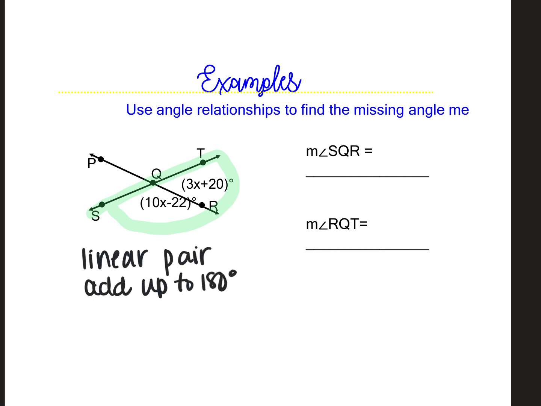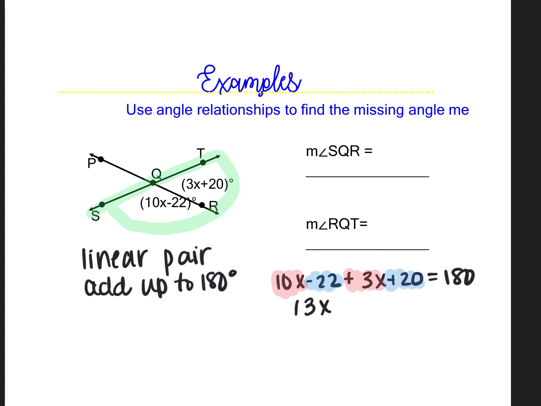So we're going to start by taking 10x minus 22 plus 3x plus 20 and setting those equal to 180. If we combine like terms, we have 10x plus 3x, which is 13x.